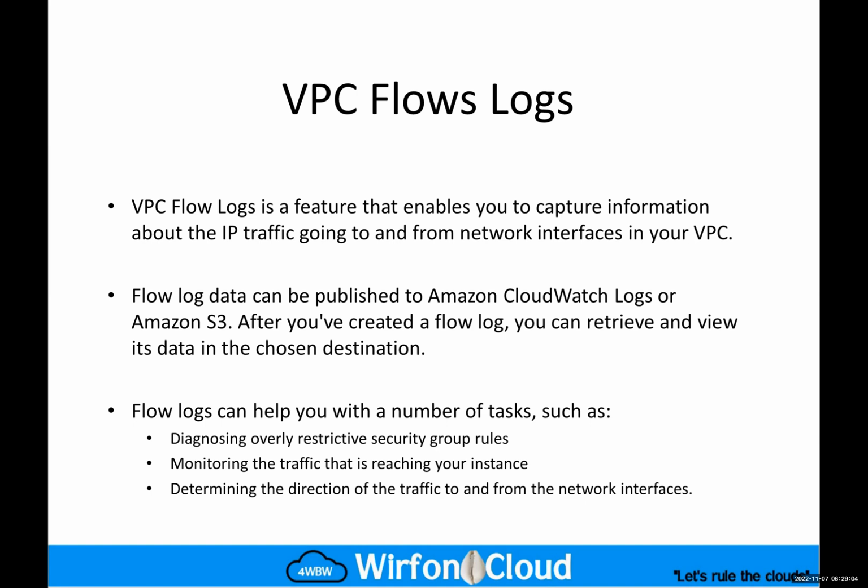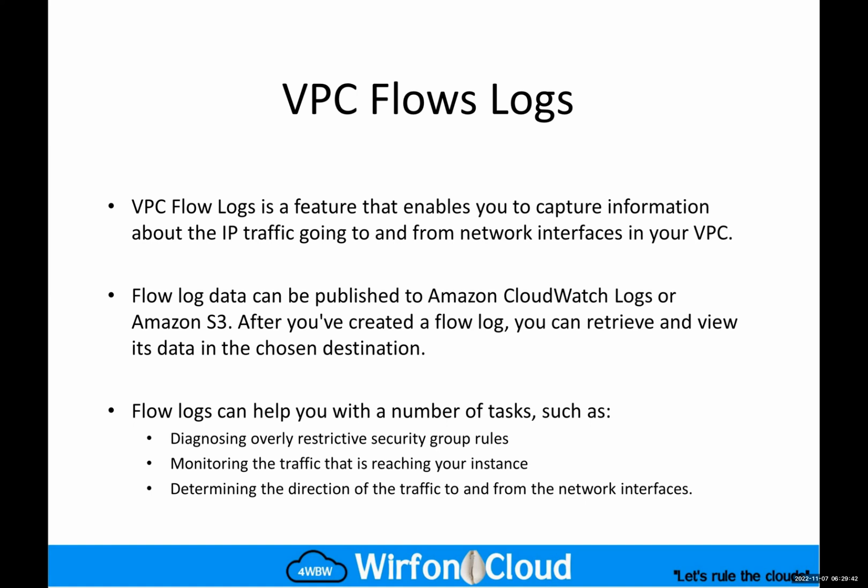VPC flow logs on AWS is a feature that enables you to capture information about the traffic going through your VPC. So you don't only secure instances from traffic leaving or entering your VPC, but you can also capture this traffic and record it somewhere for analysis and so forth.